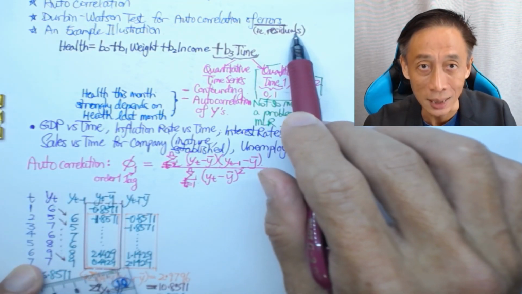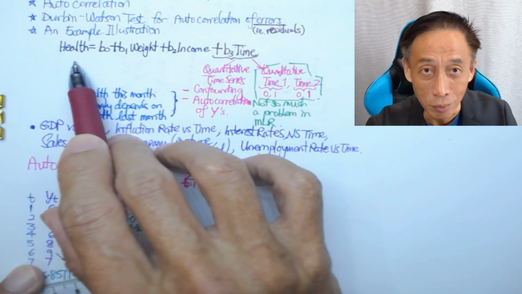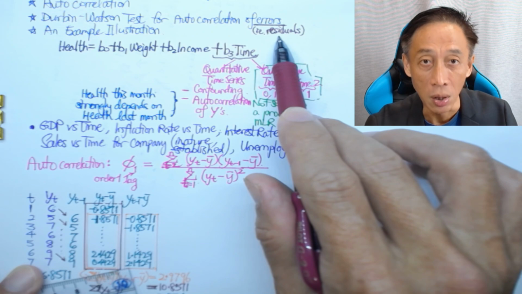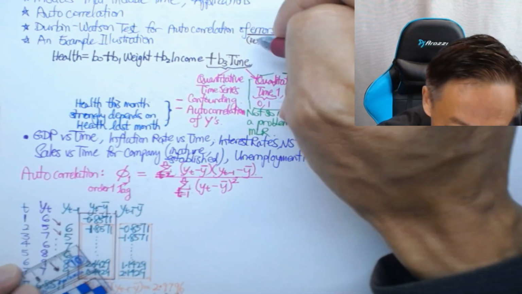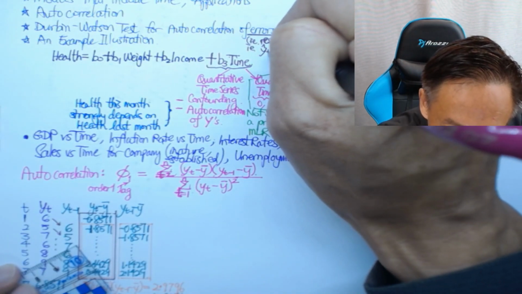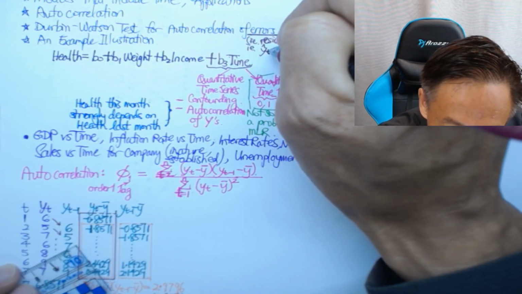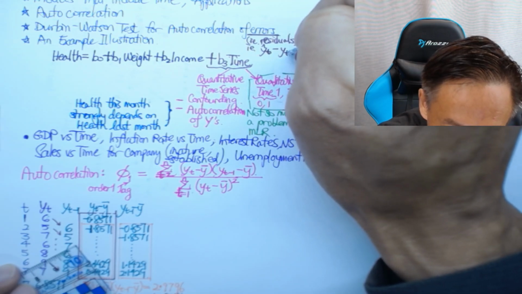Residual, I say for the third time now, is different from the y value because the residual is y hat of t minus yt, not y bar.